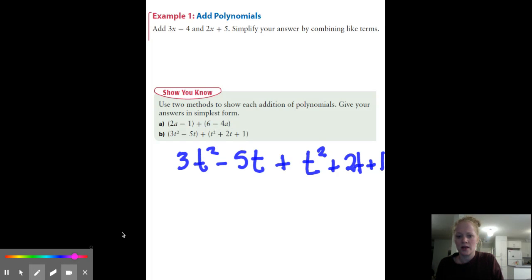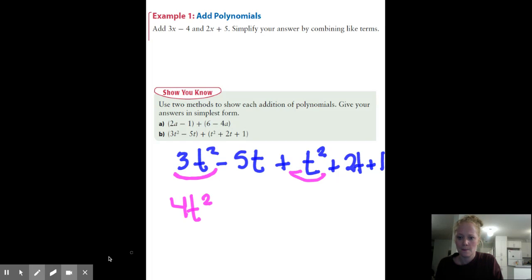Okay, so like terms, I'm going to always collect my ones with the biggest exponent first. So I have 3t squared plus 2t squared. So 3 plus 2 is 5. Then we'll look at our next set of like terms.